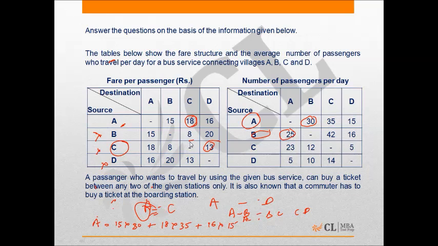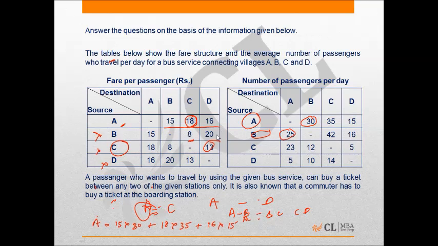From A to C is 18, and B to C is 8. And when we see the number of passengers traveling from B to C is really huge, but the fare is very low, so B can also not be the answer.